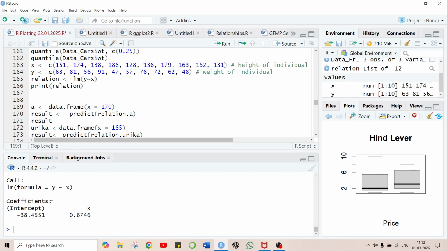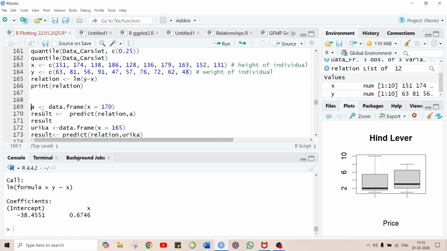So y is equal to mx plus c, where intercept is minus 38 and slope is 0.67. That means I have weights of 10 individuals and heights of 10 individuals, and I'm building a relationship between this data.